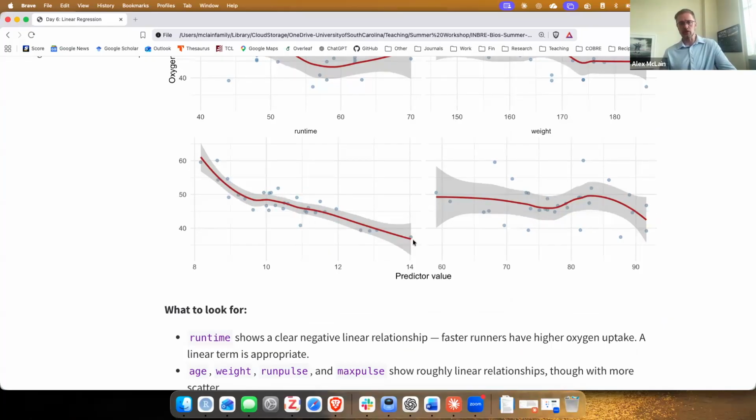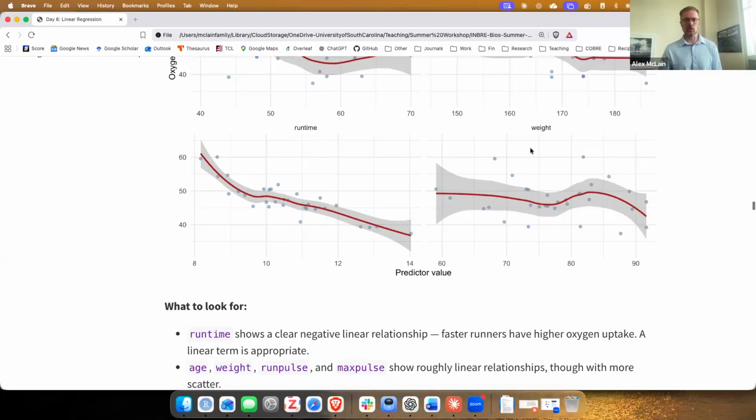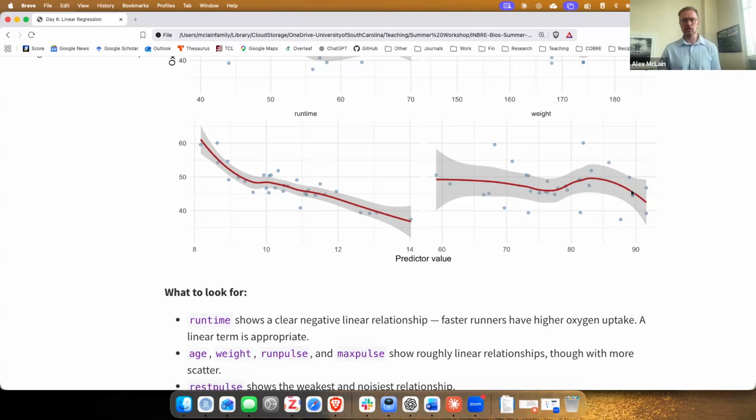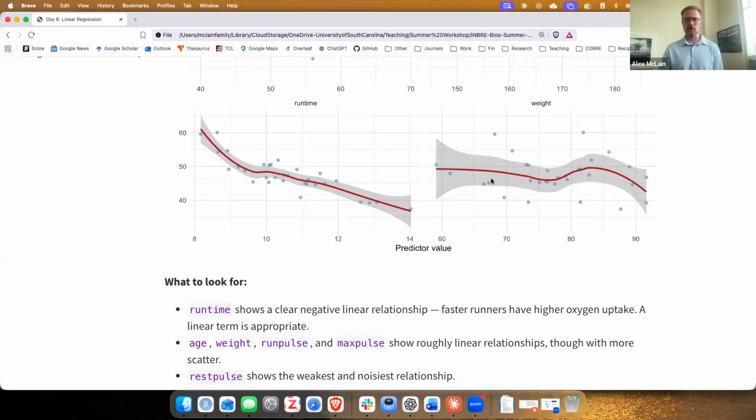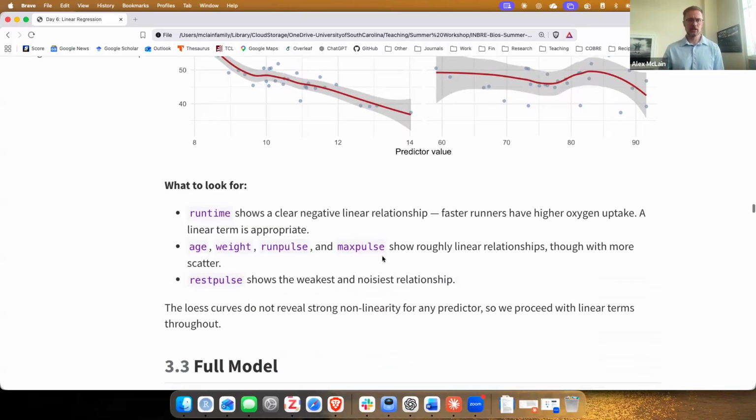Here we are going to use a linear relationship to represent that. And then weight, this is roughly linear, may not be any relationship here at all. It looks relatively flat. It's not really going up or down, so it's hard for us to tell. Some summaries here.